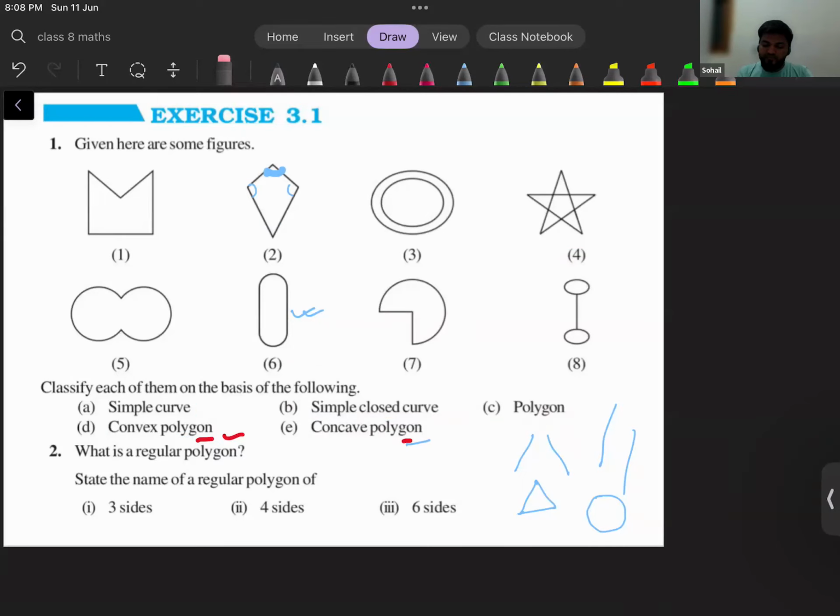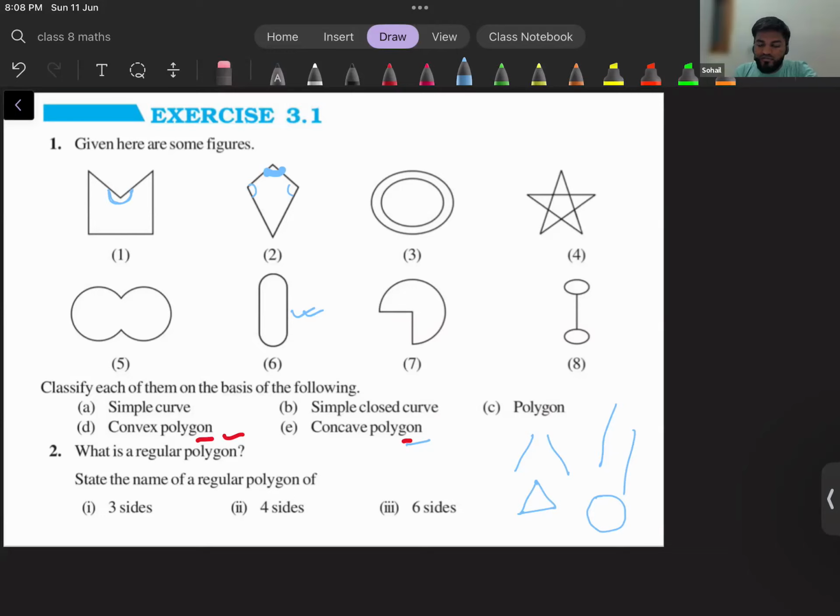The first figure is a concave polygon. See this angle here, is it not greater than 180 degrees? Yes, sir. That's why it is a concave polygon.